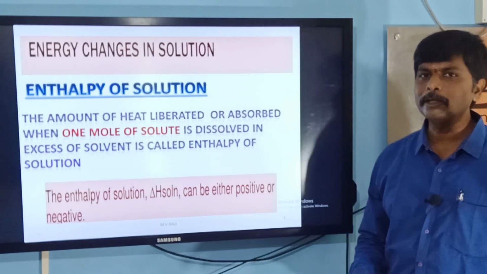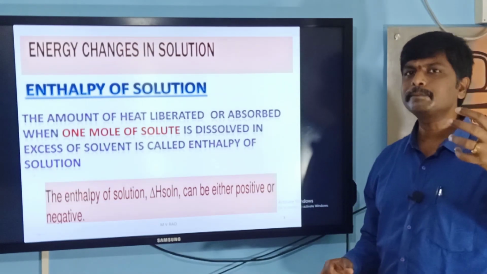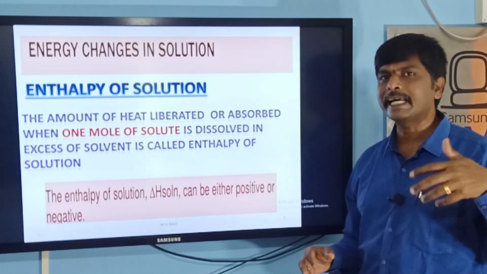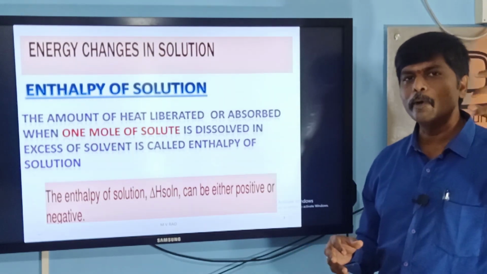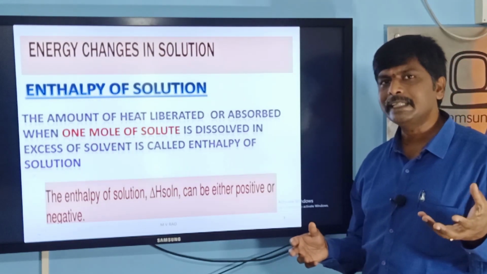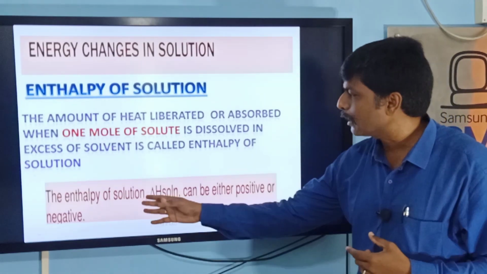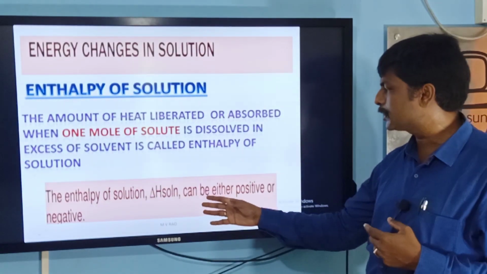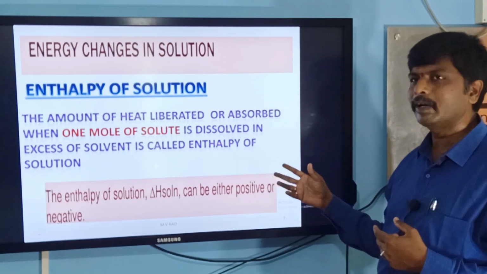For some solutes, like magnesium sulfate, energy is liberated. For ammonium chloride, energy is absorbed. So the enthalpy of solution, delta H solution, can be either positive or negative.